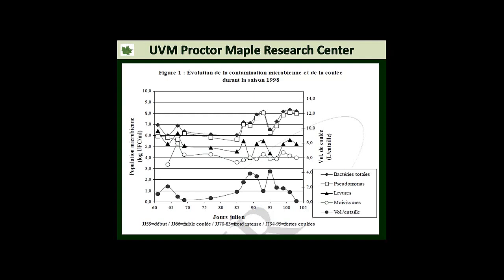So every time you jump up on one of these bars, you're jumping up by a factor of 10: 100, 1,000, 10,000, 100,000. By the time you get up here, you're into the millions of microbes per milliliter.